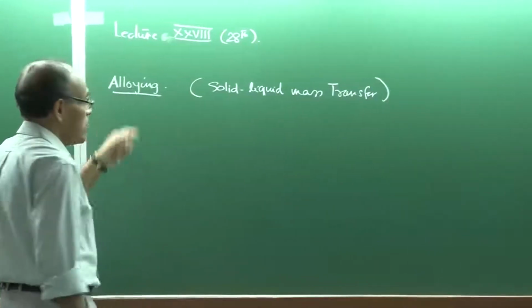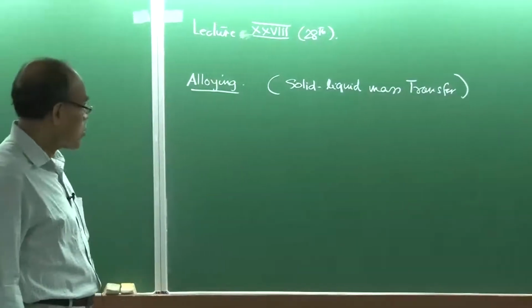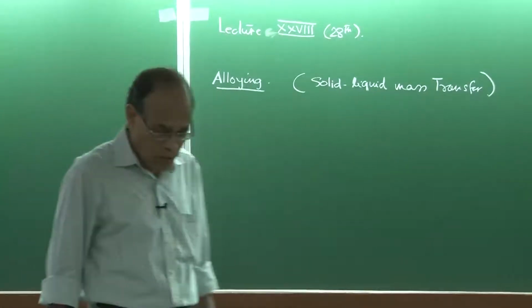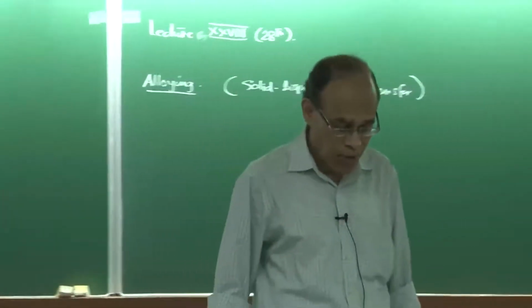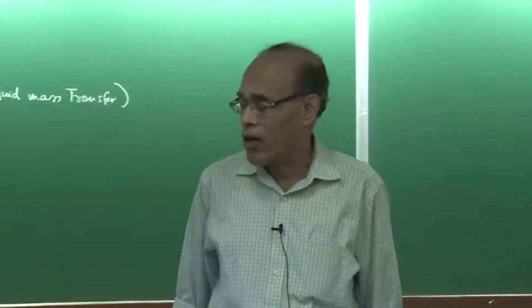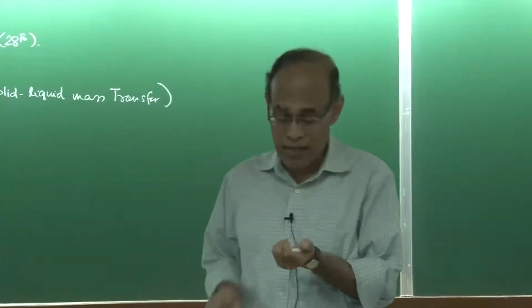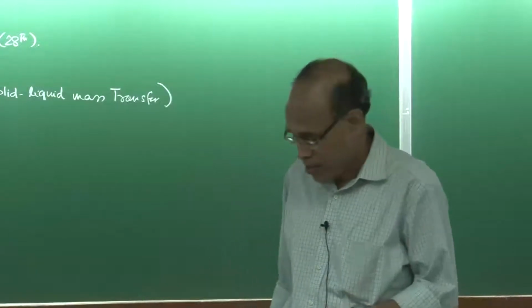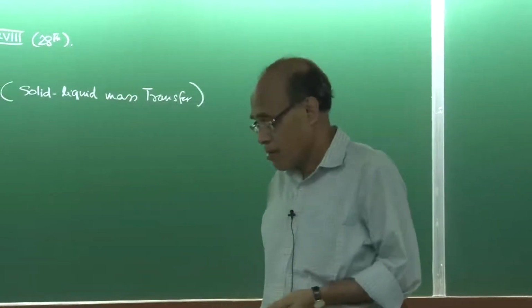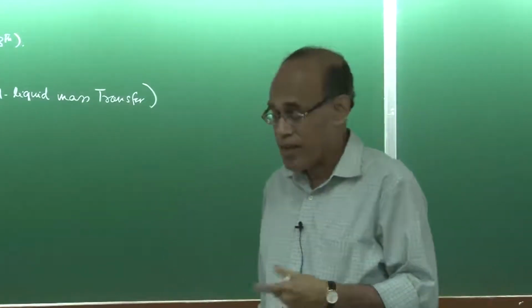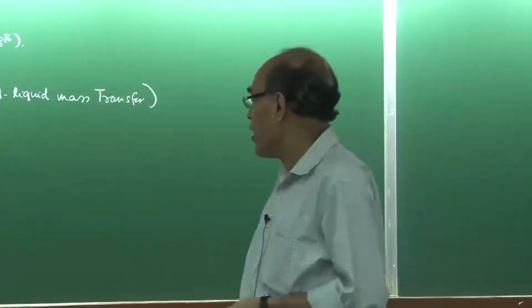So let us start with the process of alloying. Alloying, as you all know, is very common in metallurgy. Steel, for example, is an alloy, and you see aluminum alloys extensively used, titanium alloys also extensively used. Aluminum alloys, for example, in aerospace industries, in light material applications.